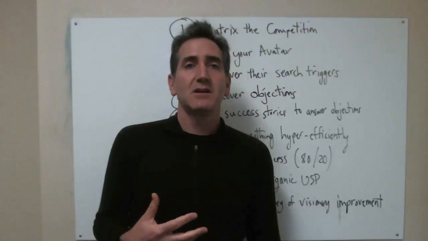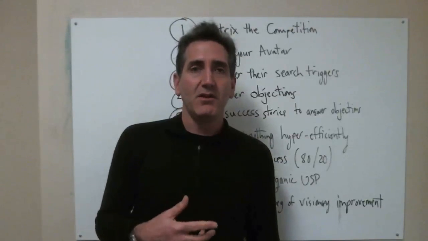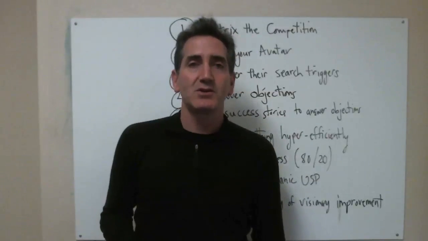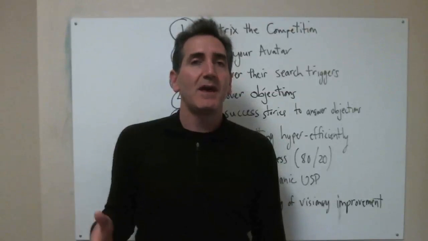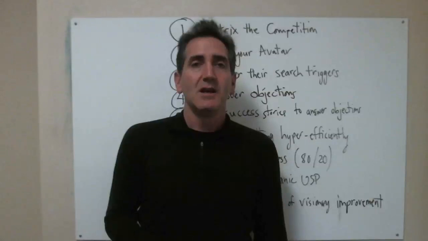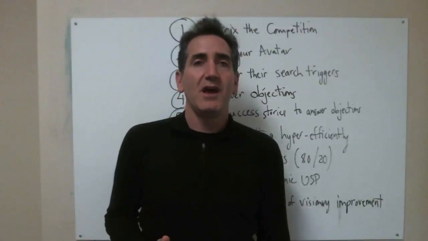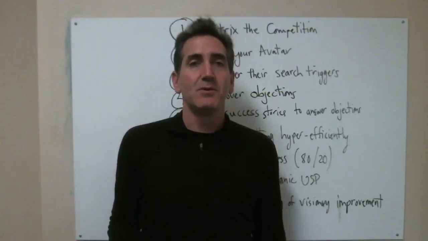They see us, they see our business, and they have an experience in their past, either they've personally experienced or someone has told them about and it's made an impression. We remind them of something bad that happened in the past. Maybe they got cheated. Maybe they bought something and didn't end up using it. Maybe they bought it and tried it and found it too hard. Maybe it wasn't the right thing. Maybe they took it home and their spouse laughed at them and said, this is a stupid thing to buy.